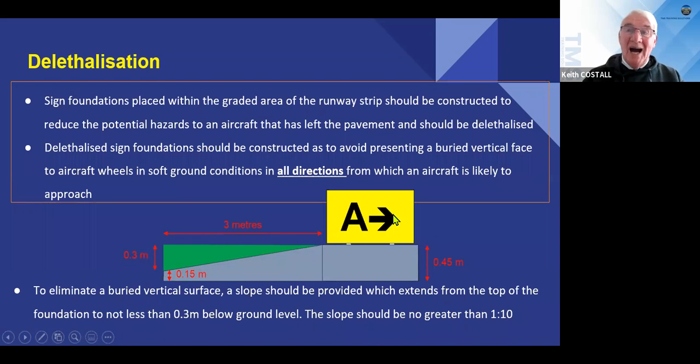So whilst we have a guidance sign that is frangible on its coupling, the base also has to take due consideration. And so I think this really speaks for itself.